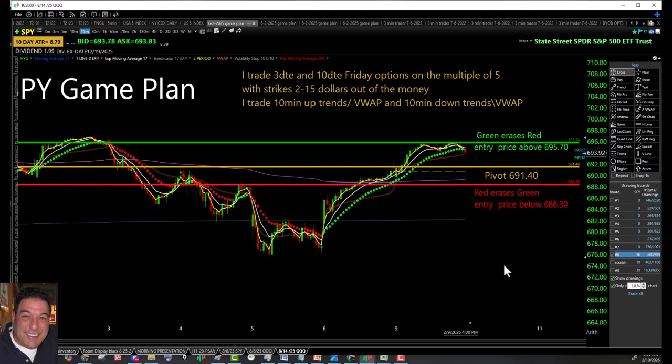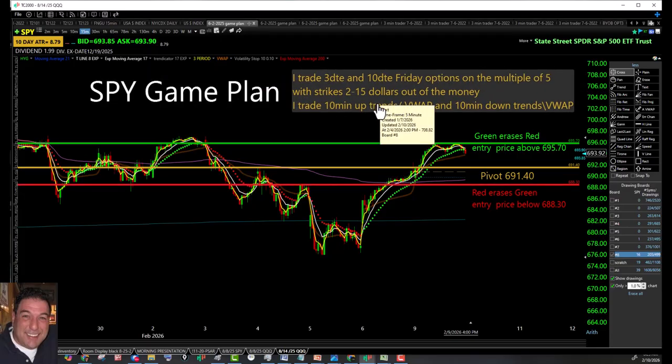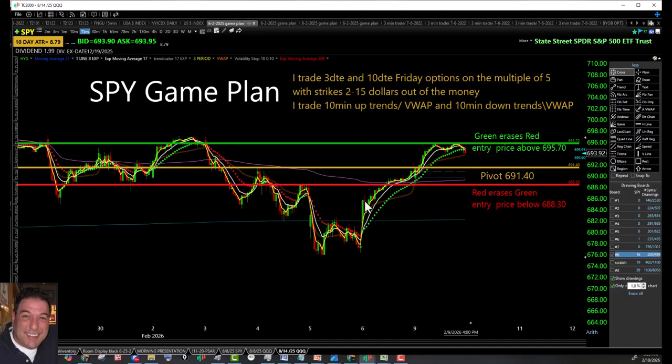On both QQQ and SPY, I like 10-minute uptrends over VWAP, and I like 10-minute downtrends under VWAP. This goes for both of them, QQQ and SPY. I like strikes $2 to $15 out of the money, because I'm only trading with a limited amount of risk.